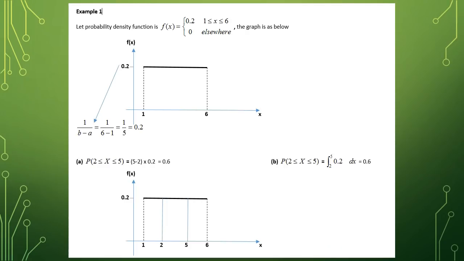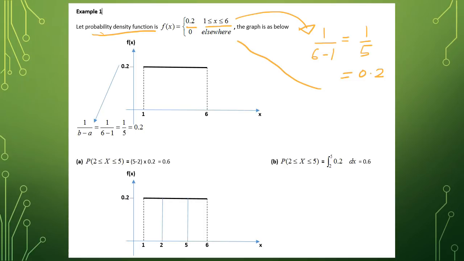Let's look at example 1. The probability density function is given as 0.2 when x is between 1 to 6. If you want, you can check whether this is a uniform distribution. If you calculate 1 over 6 minus 1, you get 1 over 5, and that will give you 0.2.